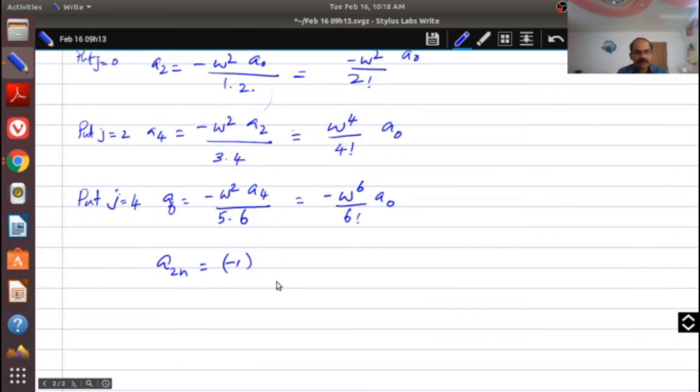So you can just say minus 1 raised to n into omega, when this is 2n, 6, you have 6 here, 4, there is 4, so it is omega raised to 2n divided by the same 2n whole factorial into a0.